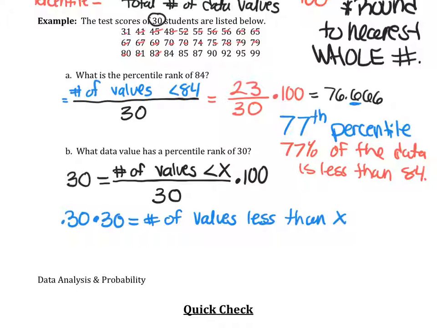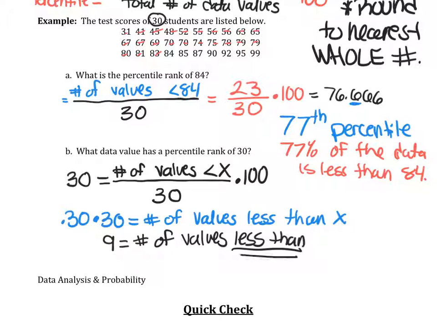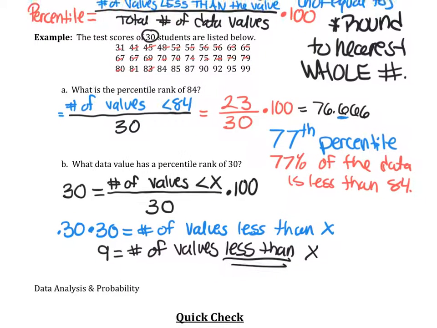So 0.3 times 30 gives us 9, I think, right? So again, this is just the number of values less than the number we want. This isn't an actual value, it's just telling us a number to count. So if we look at our data values, we'll go 1, 2, 3, 4, 5, 6, 7, 8, 9, which means the next value has 9 values less than it.